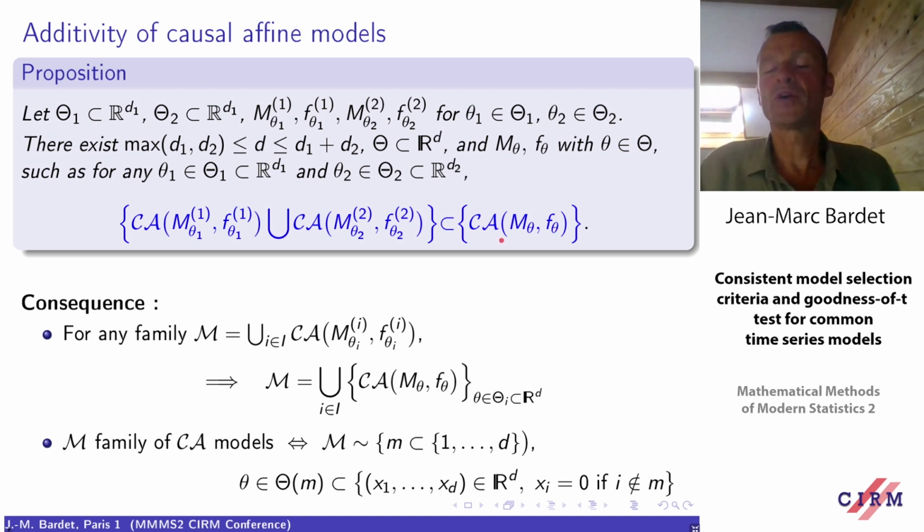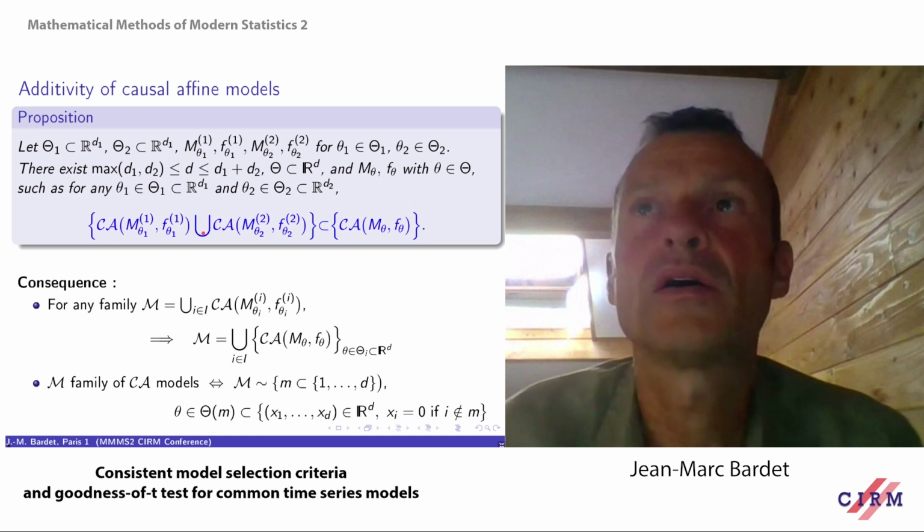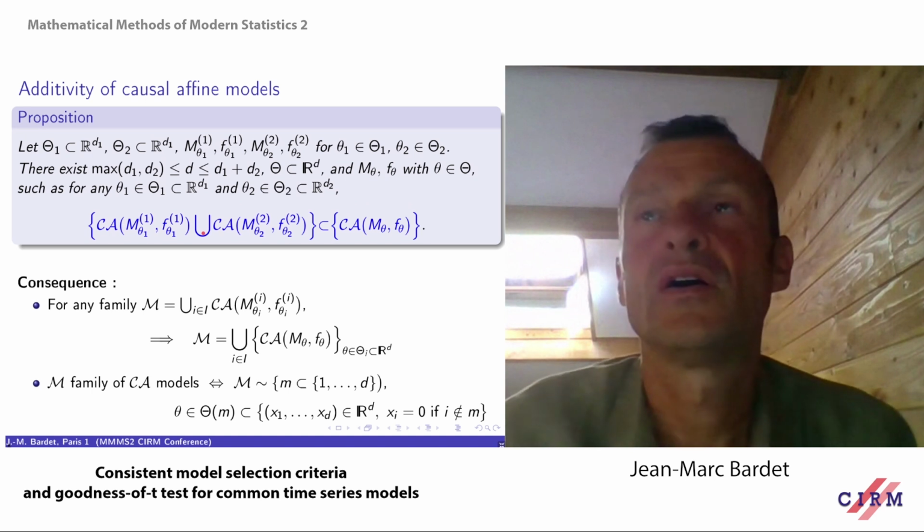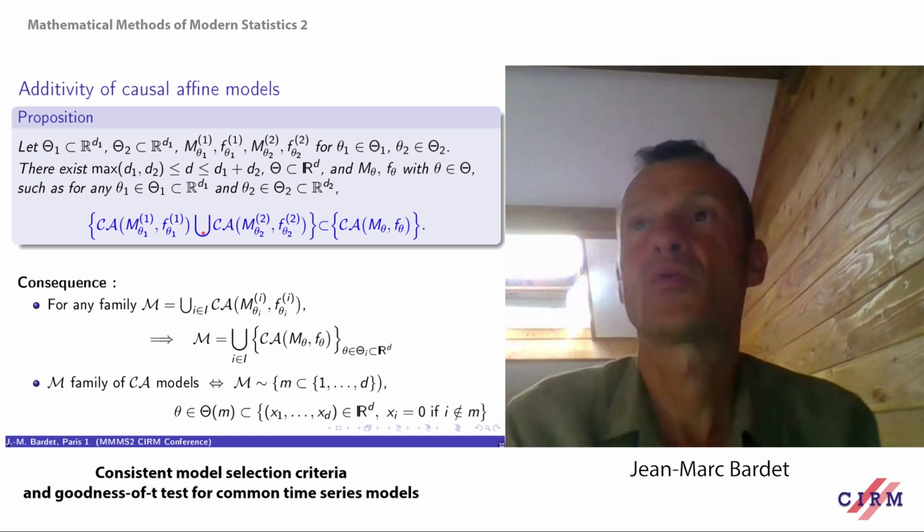And it will be very useful because when you use any finite-dimensional family of causal affine processes, you can find a common model where all the different models could be written.